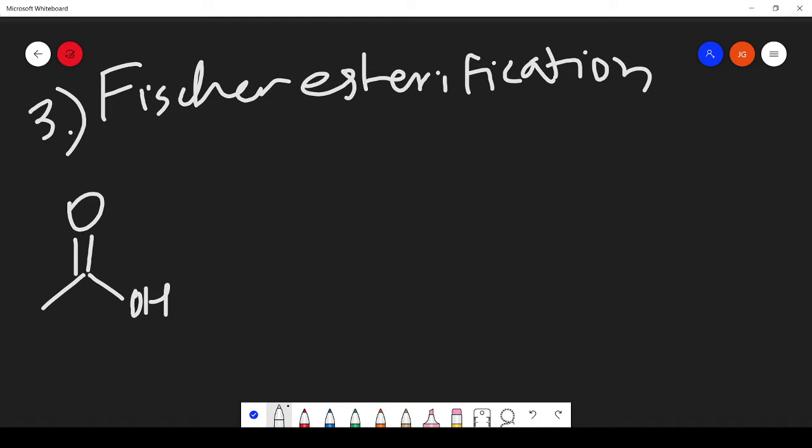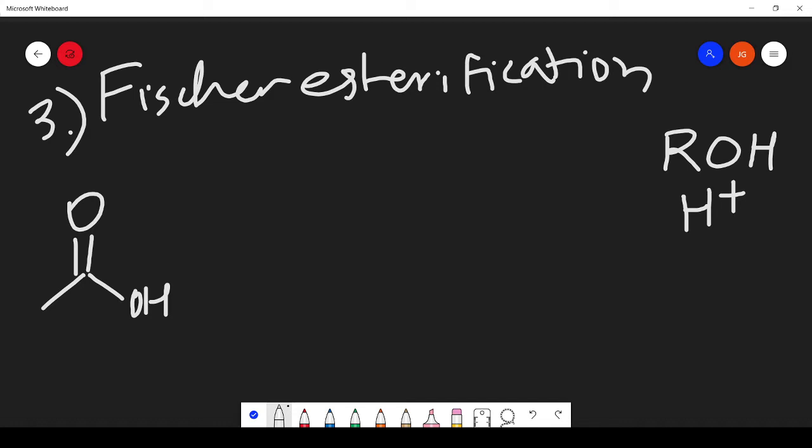So if you remember, Fischer esterification uses, in addition to your carboxylic acid, 2 things. It needs an alcohol, ROH, and it needs H+. So this will happen in acid conditions, and we're going to see why.